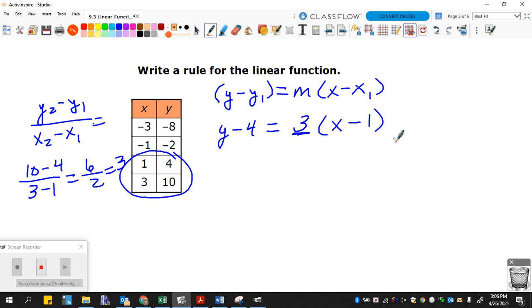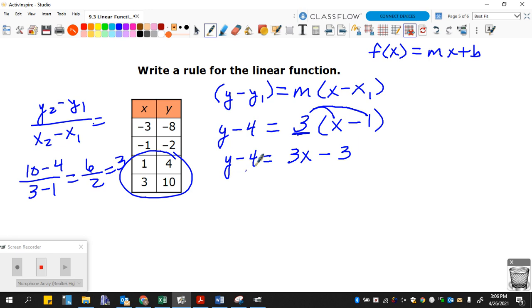I want to write it in the form f of x is equal to mx plus b, so I'm going to simplify this first. y minus 4 is equal to 3 times x, which is 3x, minus 3 times 1, which is 3. To get the y by itself, plus 4 and plus 4.